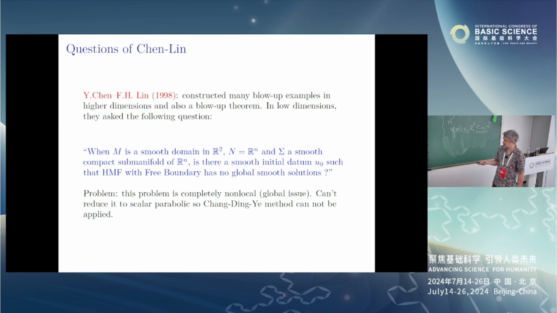So exactly, the question of Chen and Lin is an analog of the blow-up result of Chang, Ding, and Ye, but for the harmonic map flow with free boundary. Well, the thing is that this problem of harmonic maps with free boundary is really a global, non-local problem.